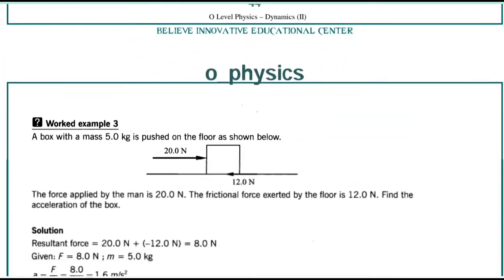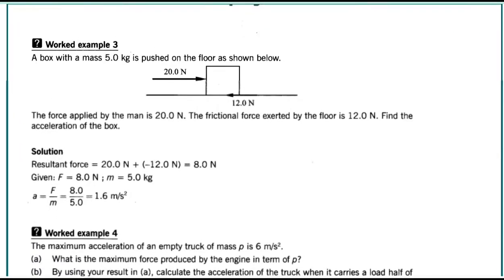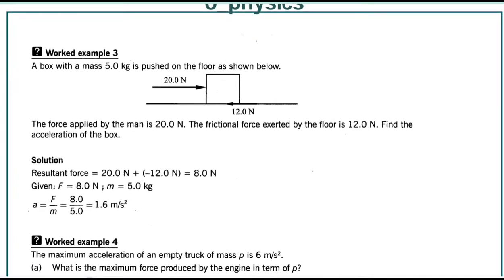And then we move to example number 3. Example number 3 is a box with a mass of what? 5. So the mass is equal to what? 5 kgs, isn't it?